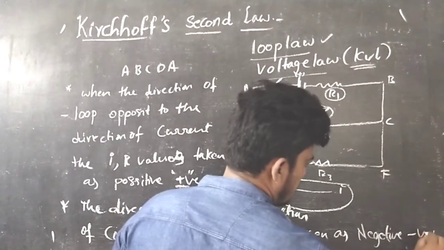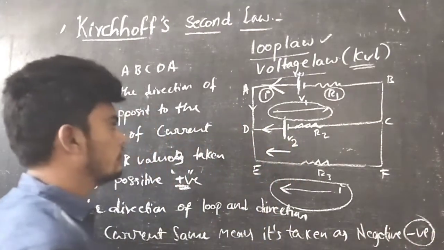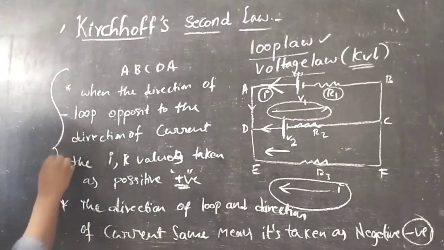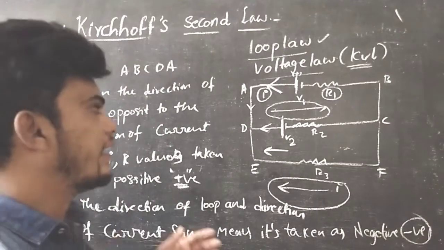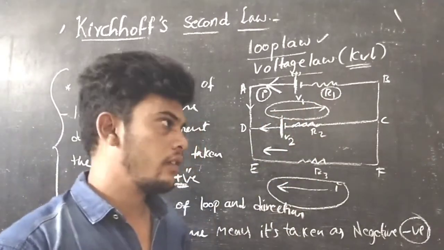It is taken as negative. So these are the two sign conventions for current value and resistance value.